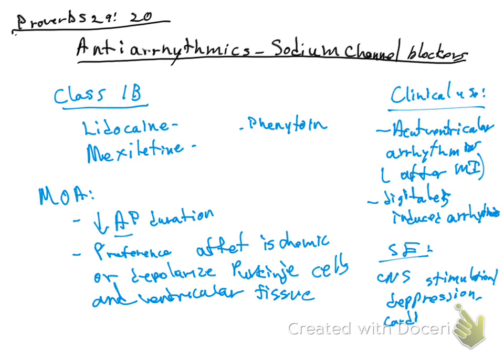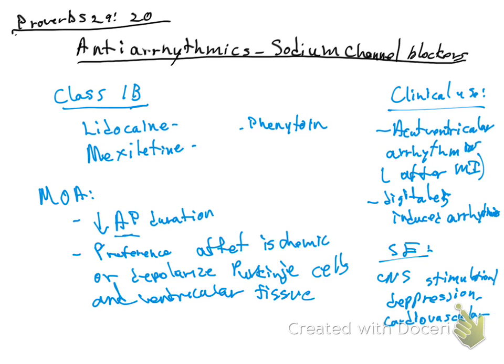Why do you think this is going to occur? Well, it is easy. Remember that it decreases your action potential duration, so you work less and send fewer signals. And just a mnemonic here: class 1B, be the best for post myocardial infarction.